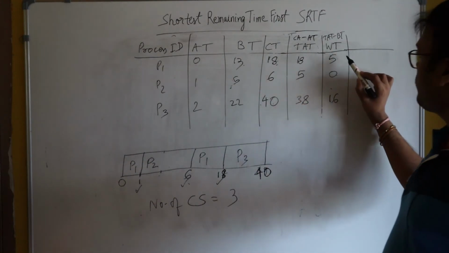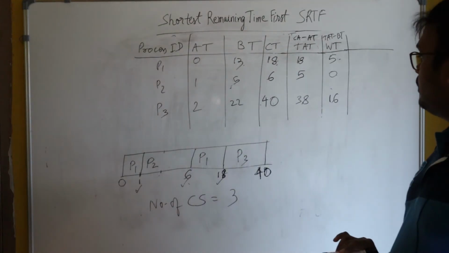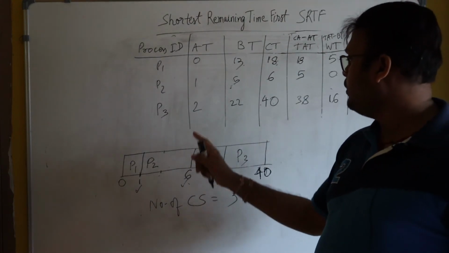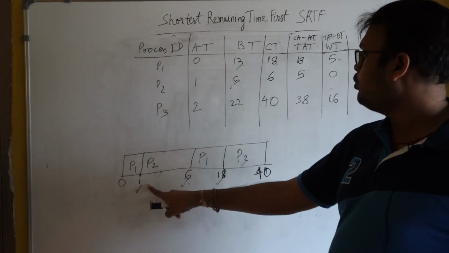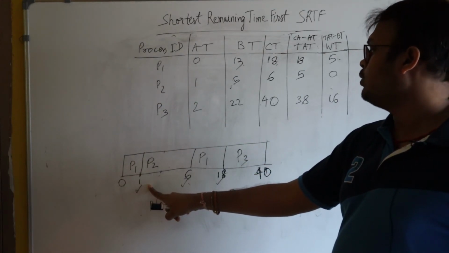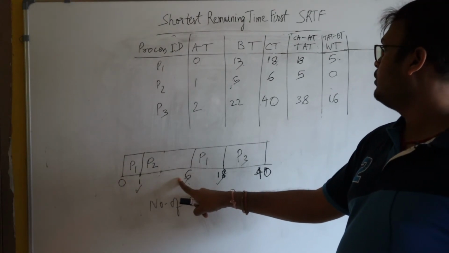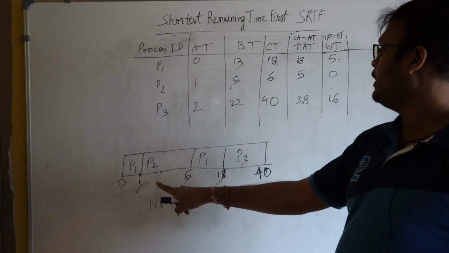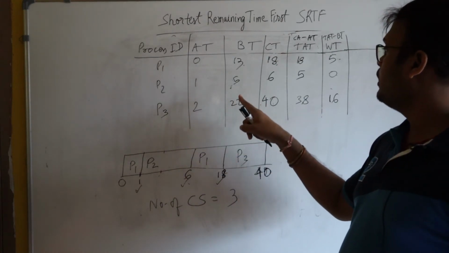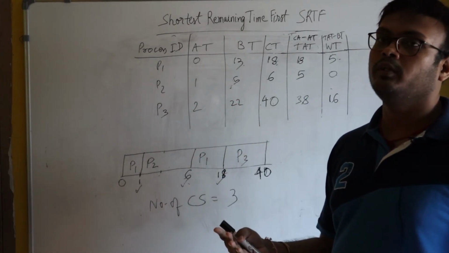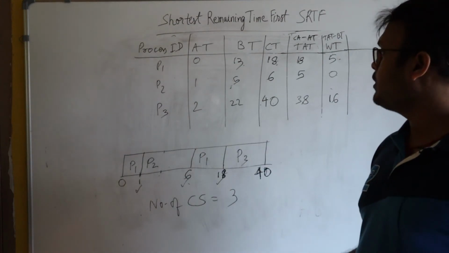So overall, P1 waited for 5 seconds. And let's see about P2. At t equal to 1 second, P2 immediately got scheduled and ran till its completion, till t equal to 6. It means P2 didn't leave the CPU. P2 completed its task, and after that it left the CPU.